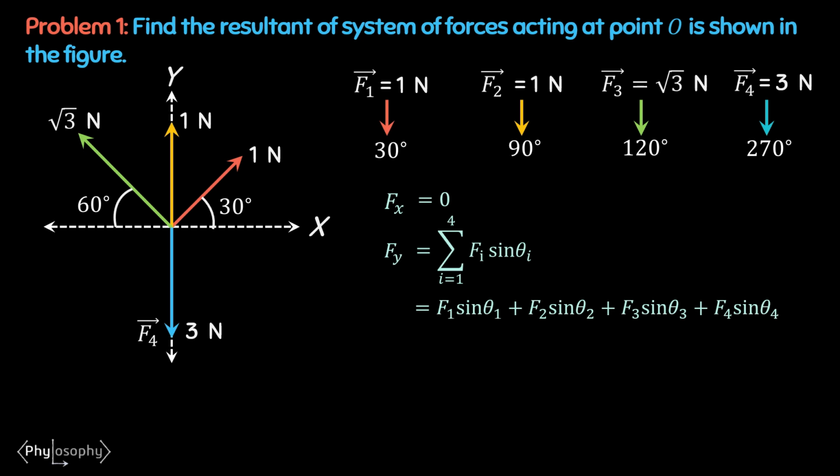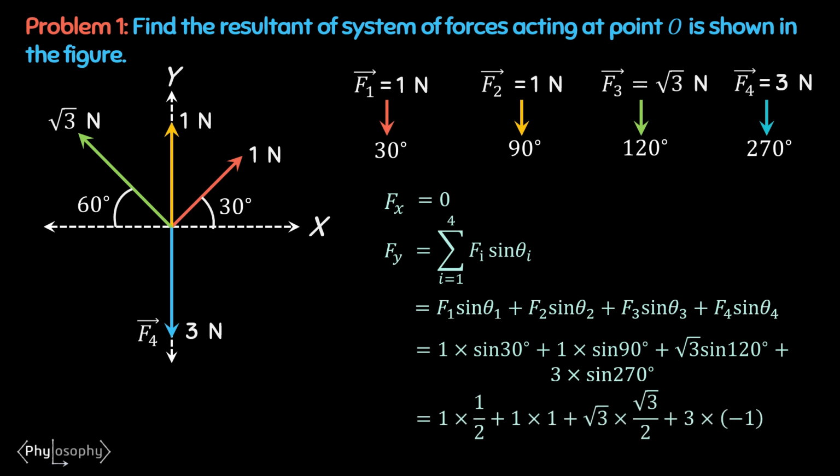Now, if you put in all the magnitudes of F1, F2, F3, F4 and the values of theta, then you can write 1 times sin 30 degrees plus 1 times sin 90 degrees plus √3 times sin 120 degrees plus 3 times sin 270 degrees, which is equal to half plus 1 plus √3 times √3 over 2 plus 3 times minus 1, or half plus 1 plus 3 over 2 minus 3, and again this is equal to 0.